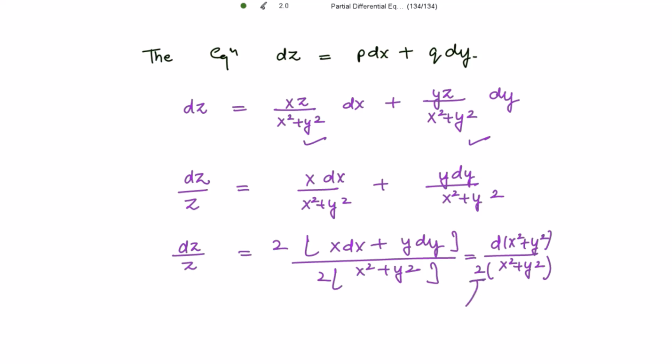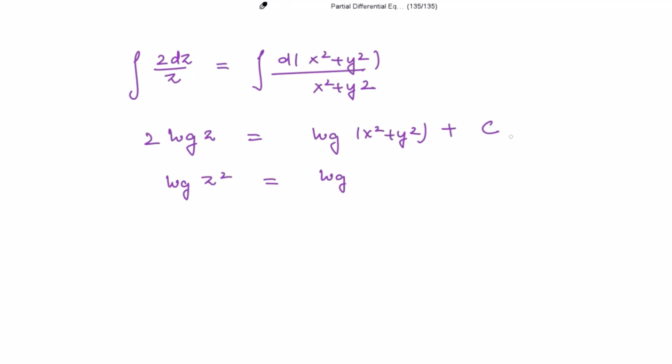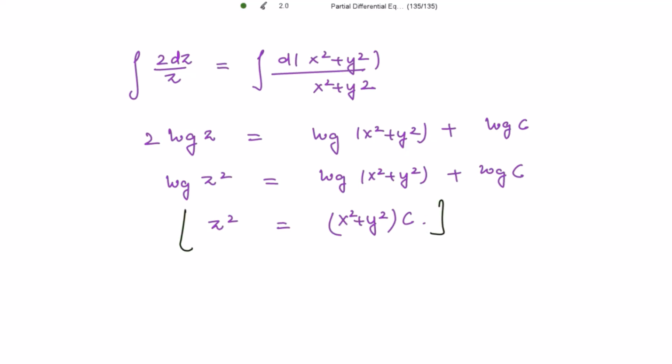So taking this 2 to the other side, when integrating both the sides we get 2 log of z equals to the log of (x square plus y square) plus the constant, or it can be written as log of z square equal to log of (x square plus y square) plus log of c, or it can be written as z square equals (x square plus y square) into c. So this is the one way of getting the solution.